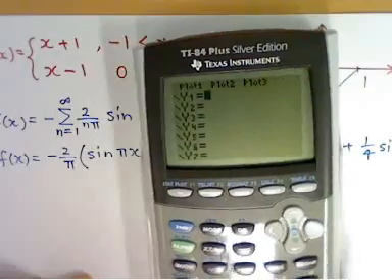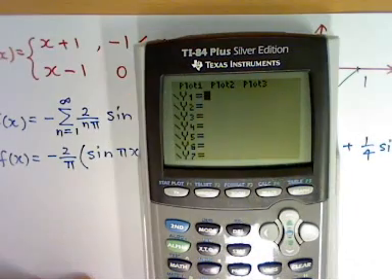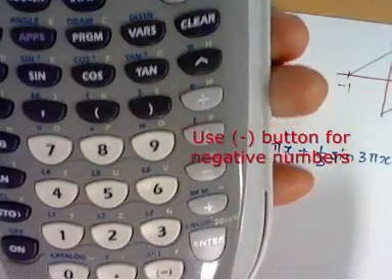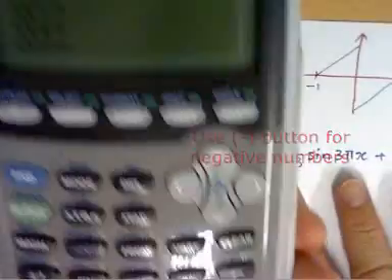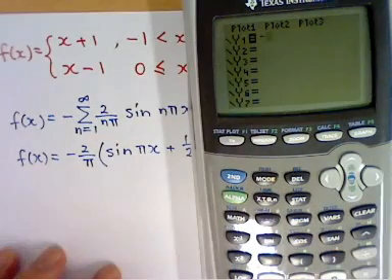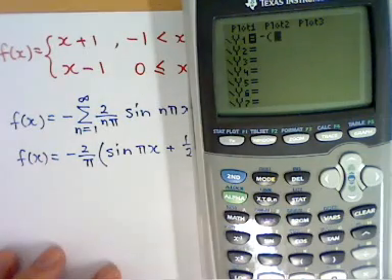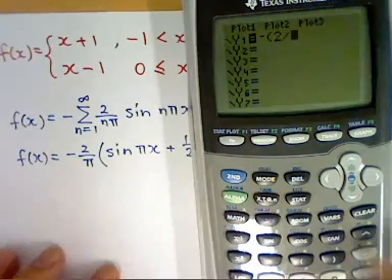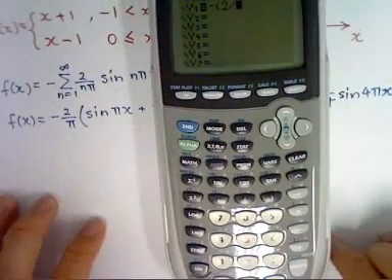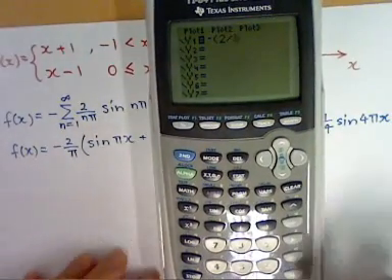So the constant term outside is -2 over pi. Again, bear in mind that when you need to key in a negative sign, you use this negative button. So negative, and we have a bracket, 2 divided by pi.